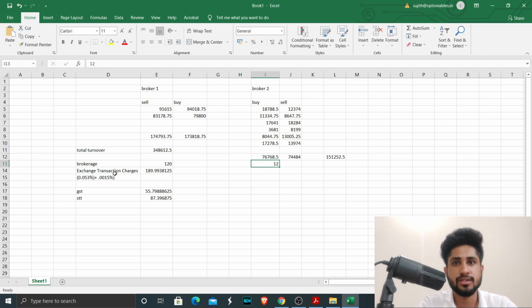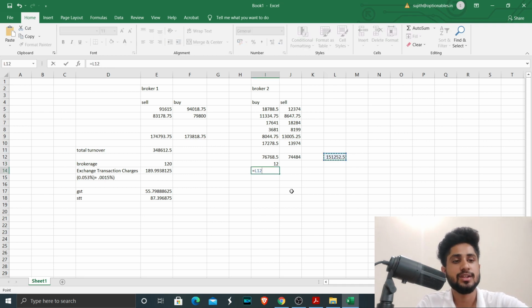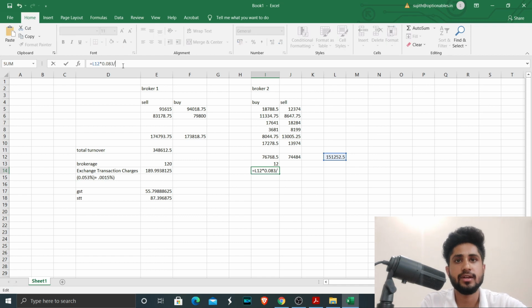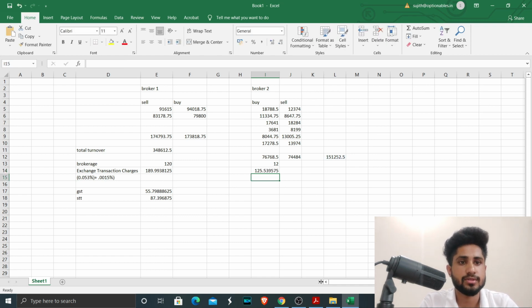So this is the brokerage, and exchange transaction charge will be equal to this into, I think they were charging 3000 more, so it will be somewhere around 0.053. 3000 means 3000 extra per crore. So 12,000 divided by 5 divided by 100 per crore, so 125.